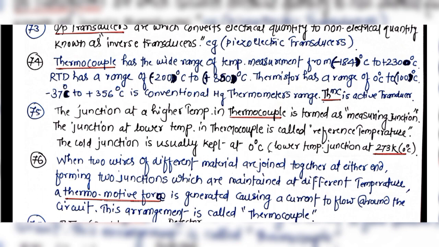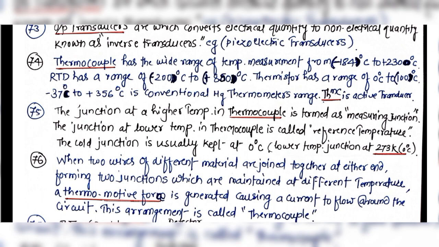Output transducers, which convert electrical quantity to non-electrical quantities, are known as inverse transducers. For example, piezoelectric transducers. Thermocouples have a wide range of temperature measurement, from minus 184 degrees Celsius to plus 2300 degrees Celsius.